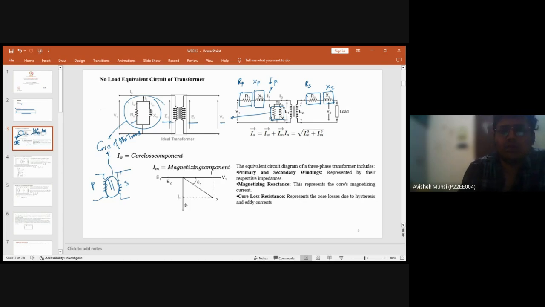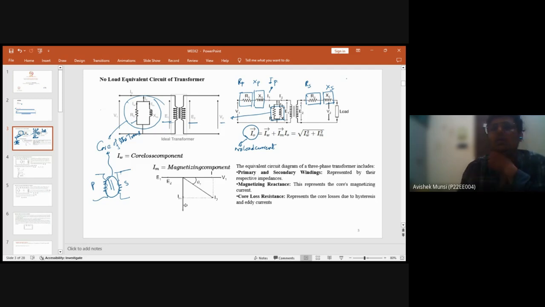And in case of no load, we consider that I naught, the no load current, will flow through the transformer circuit. If you apply KCL over here, you can see that this no load current is nothing but I1 plus I2.